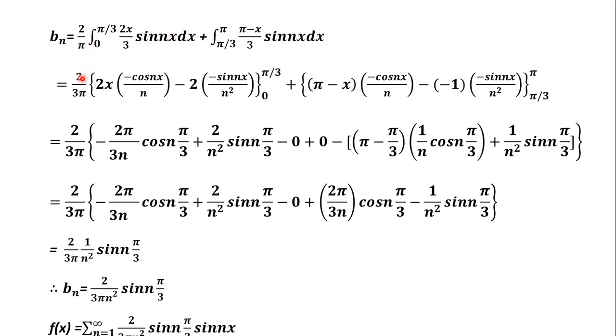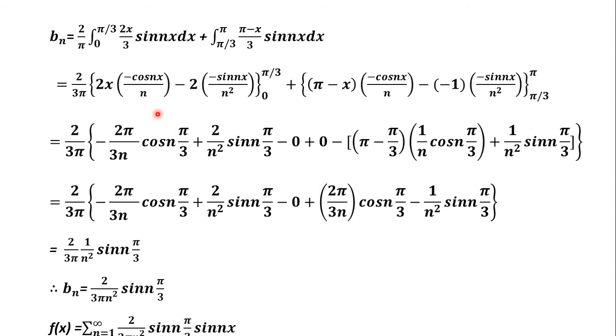So here we get 2 upon 3 pi into, here we apply the generalized rule for integration by parts. 2x into integration of sin nx is minus cos nx by n minus derivative of 2x is 2 into integration of minus cos nx is minus sin nx by n square with the limits from 0 to pi by 3 plus (pi minus x) into integration of sin nx is minus cos nx by n minus derivative of (pi minus x) is minus 1 into integration of minus cos nx is minus sin nx by n square with the limits from pi by 3 to pi.